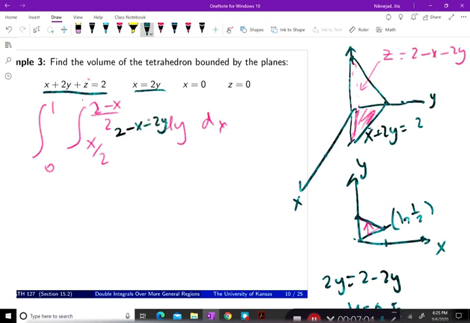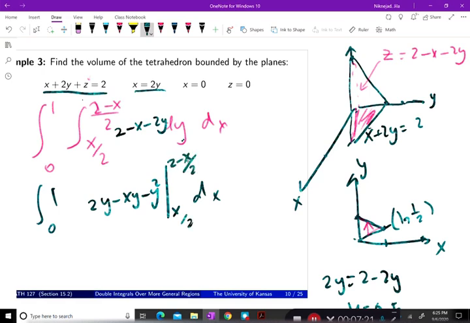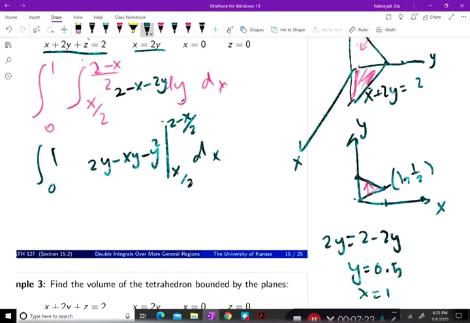And then I can solve this integral. So 0 to 1 dx, and then you integrate with respect to y to get this. And then you plug in y equal to this and y equal to that in here, and you integrate again.